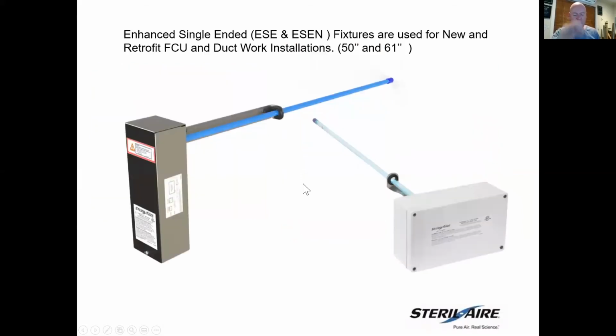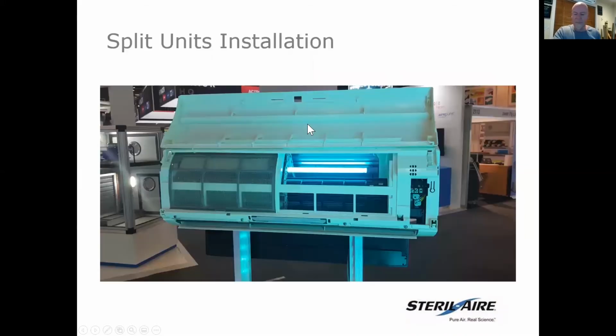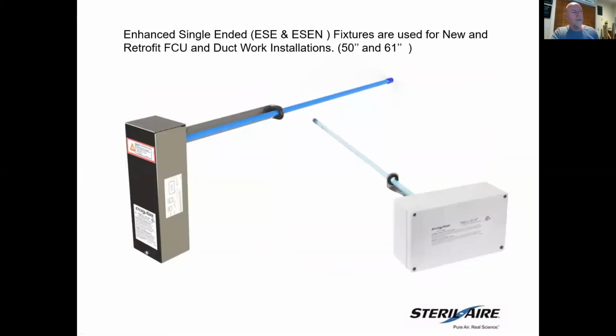Now for larger units, so for bigger, larger kilowatt fan coil units, we have a 1270mm lamp and a 1575mm lamp, so almost 1.6 meters. And we can do the same from one end of the unit, which makes it easy because it's sometimes very difficult to get to the other end.